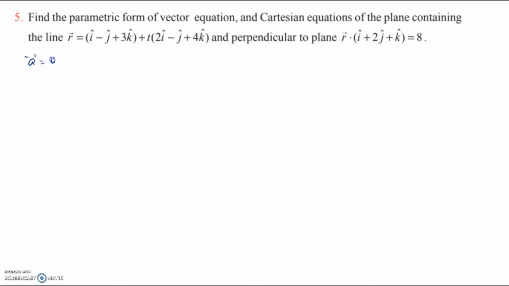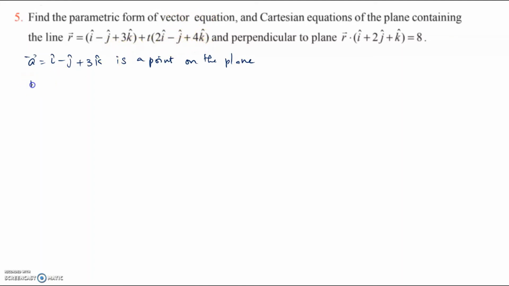so A is equal to i cap minus j cap plus 3k cap is a point on the plane, and our 2i cap minus j cap plus 4k cap will be parallel to this plane.